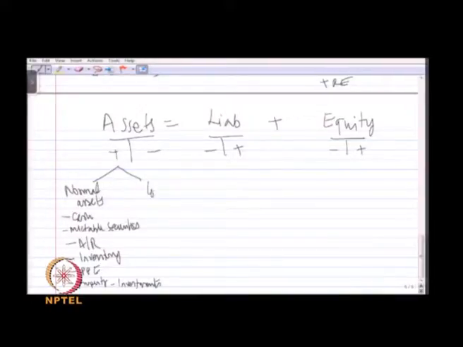Likewise, you might also have contra assets when we talked about the special entries, the closing entries, could be a bad debt reserve, accumulated depreciation and so forth.